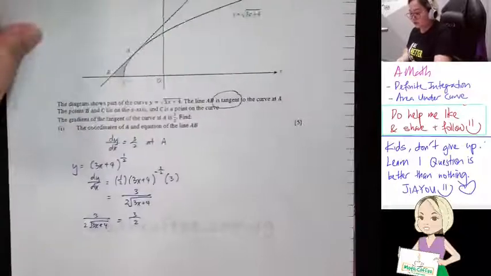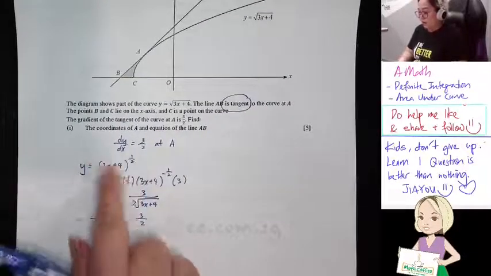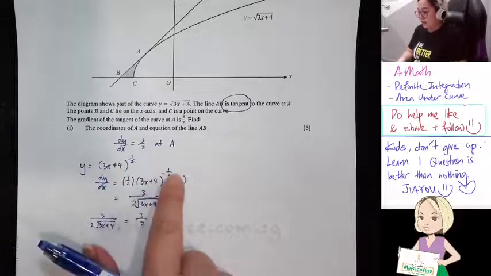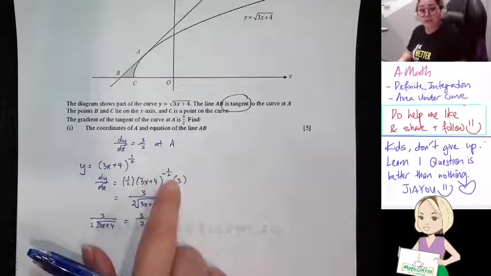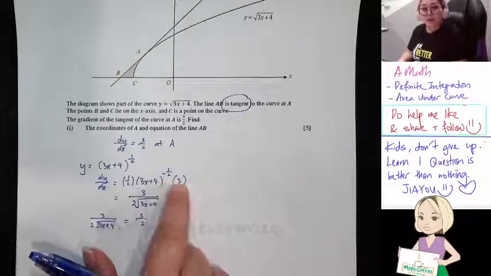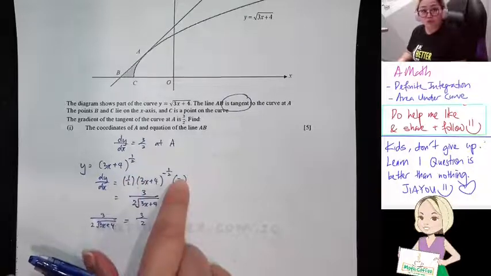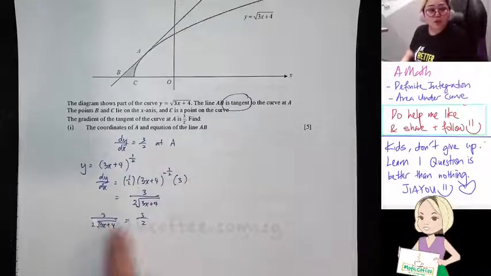I'm using the chain rule: power bring down, keep the inside, power minus 1. Half minus 1 is negative half. Then multiply by the derivative of the inside, which is 3.